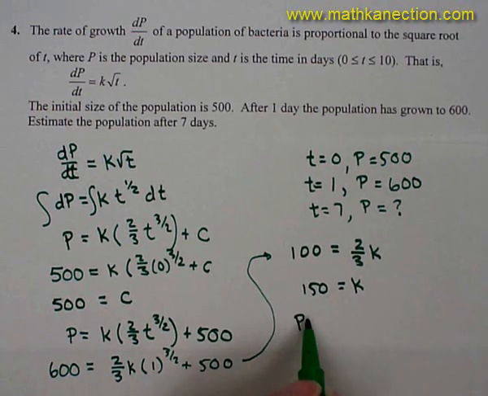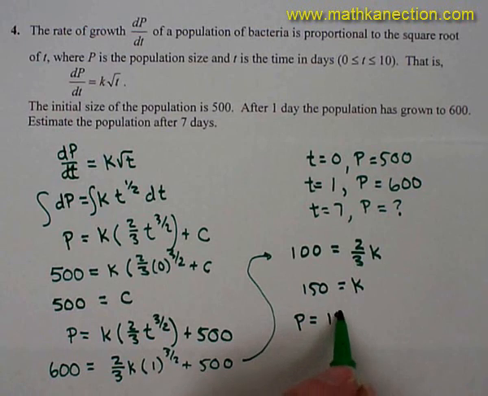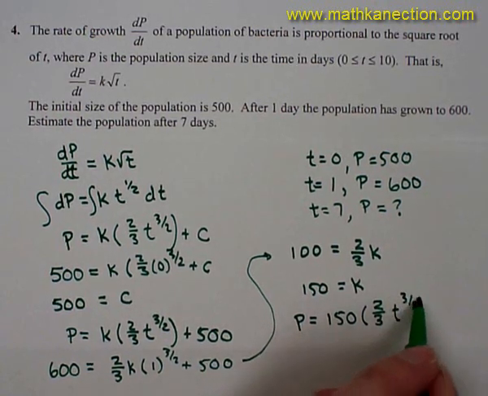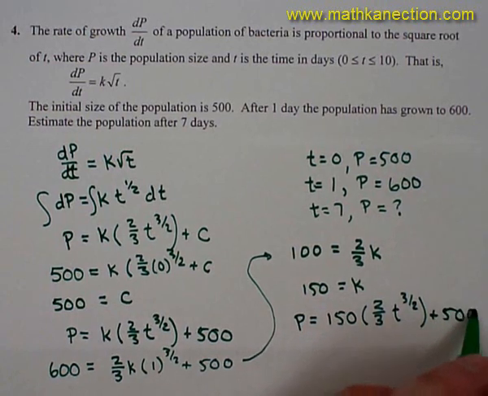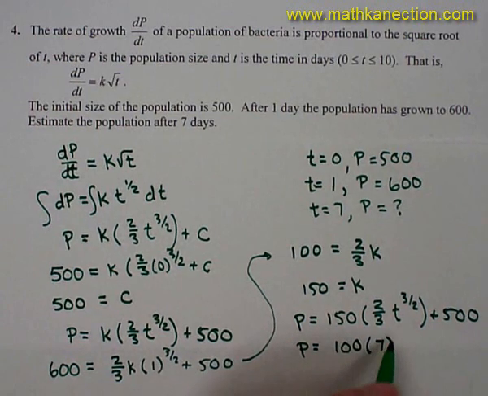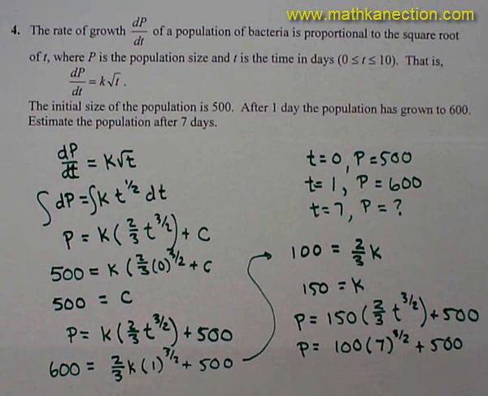Now our population equation is equal to 150 times 2/3 t to the 3/2 plus 500. And then using the value of time is equal to 7, we'll be able to solve the value of the population. And then we have our answer.